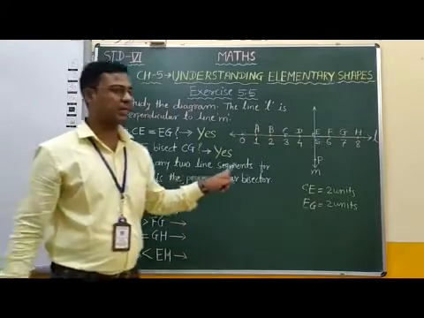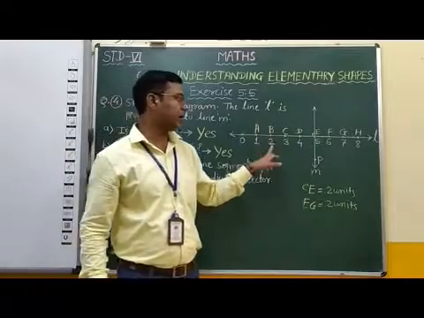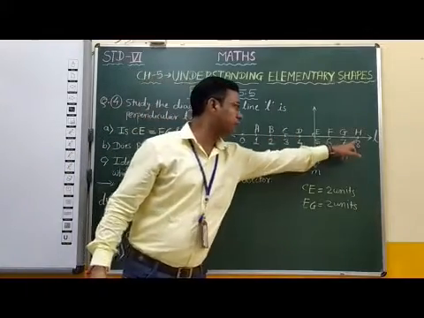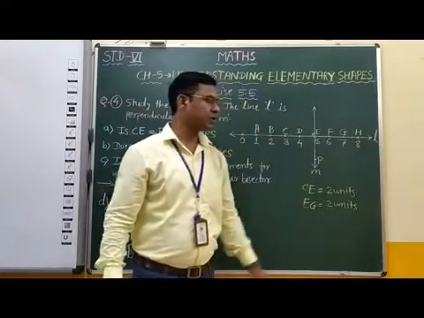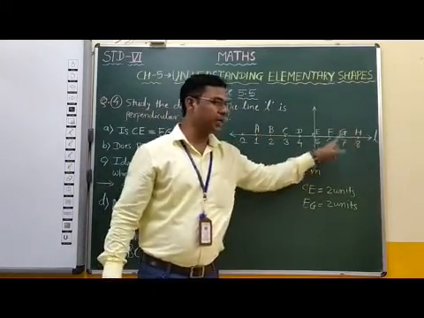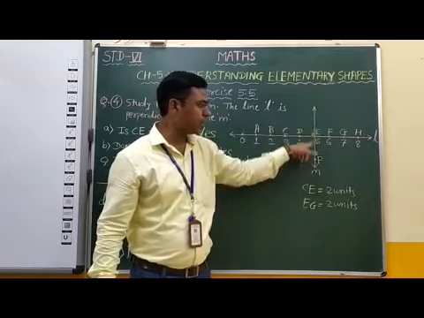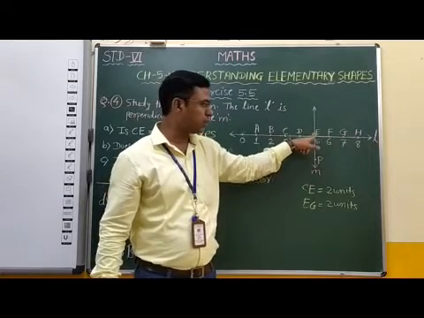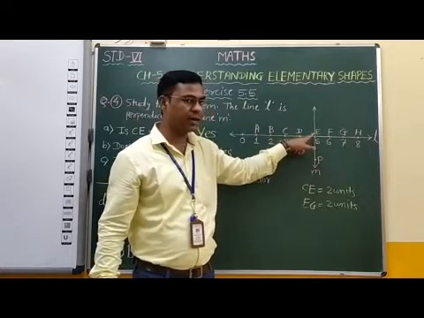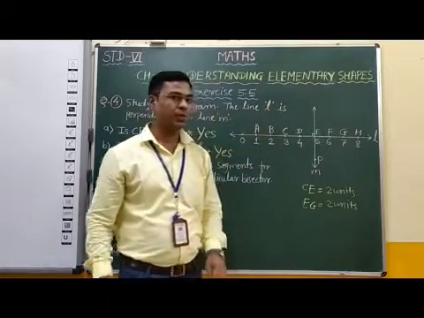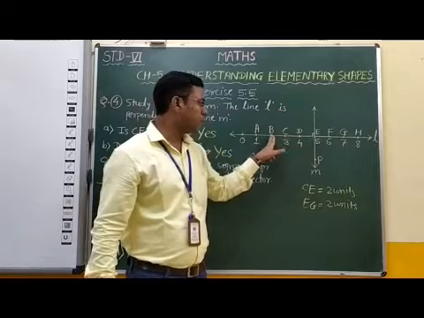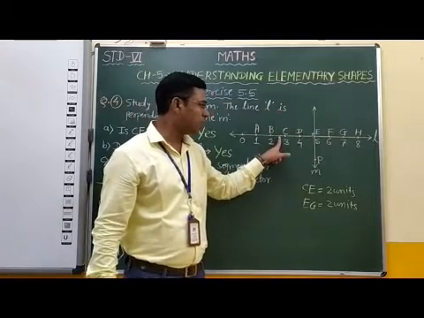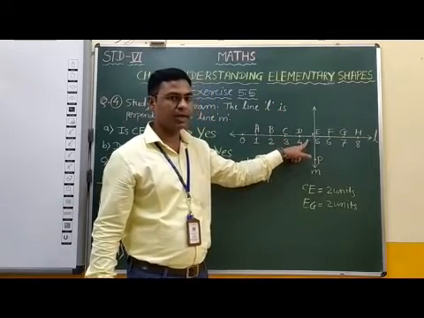Now, for the second line segment, if you take line segment BH, for this line segment BH, the line PE is perpendicular, this is a 90-degree angle. If we check the distance from B to E, that is 1, 2, 3, that is 3 units.